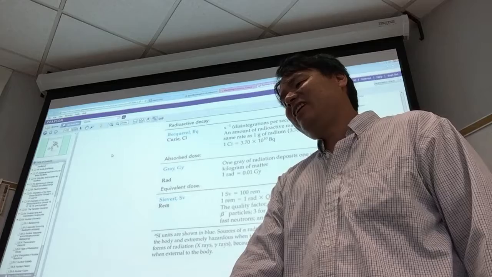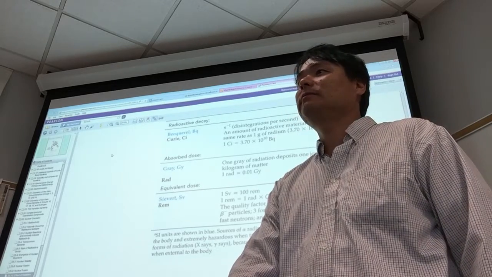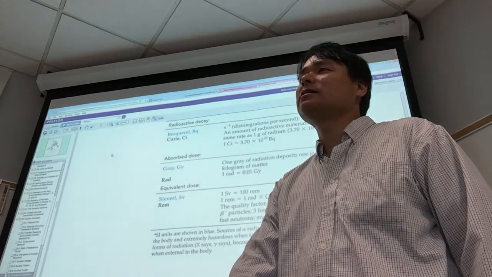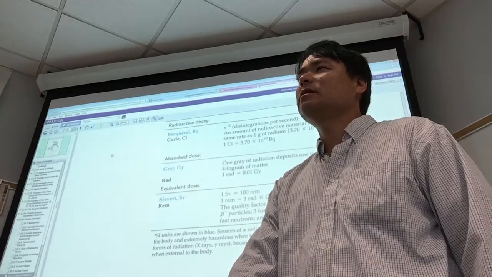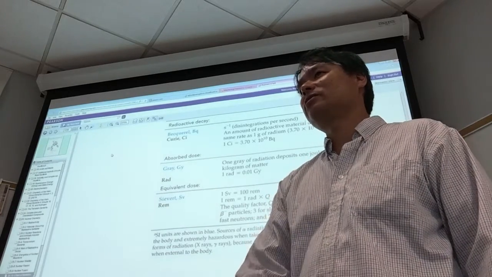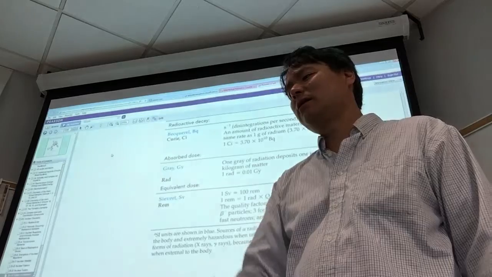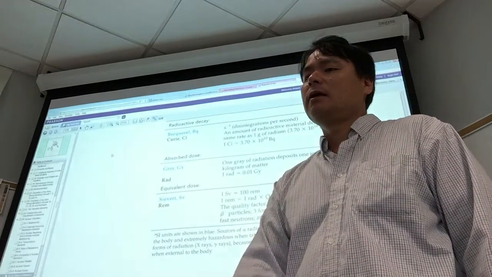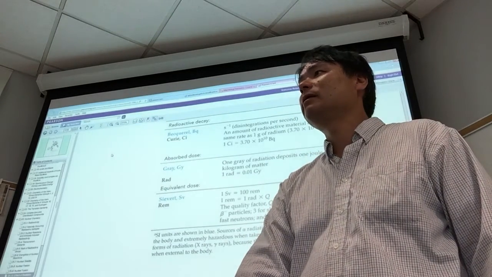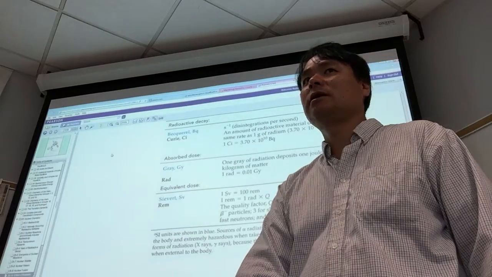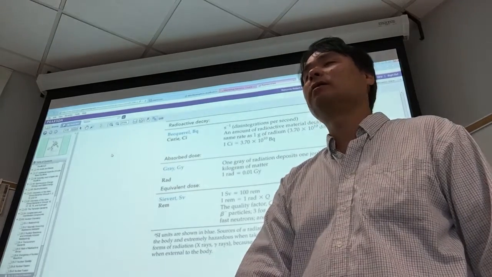Which brings up an alpha emitter that's present in certain communities. Communities that have granite in the soil. A lot of granites have uranium as an impurity, and the uranium will decay and emit alpha particles.